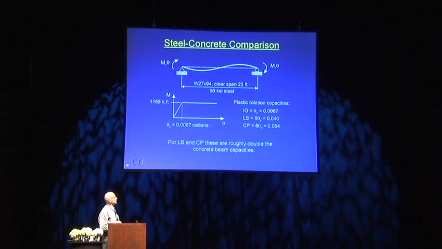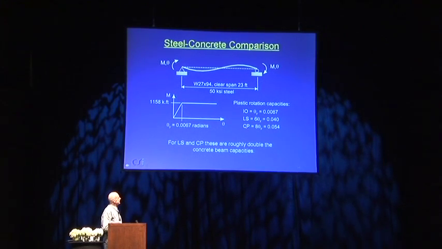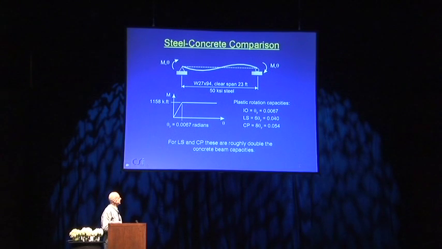Incidentally, there's a typo in the printed version here. It's got 2067, but you can fix that. The concrete one is 0.01, so rather a little unusual. ASCE 41 allows for the IO case a rather larger hinge rotation for concrete than steel. For life safety and collapse prevention, there would be 0.40 and 0.54. These are roughly double the values for reinforced concrete.